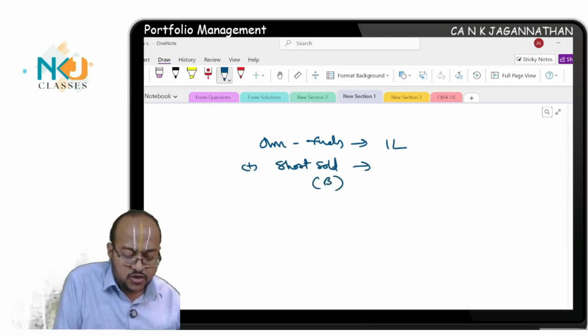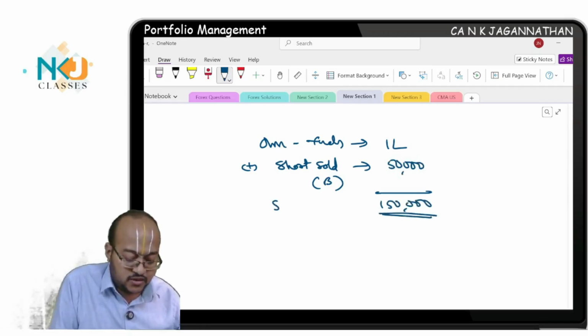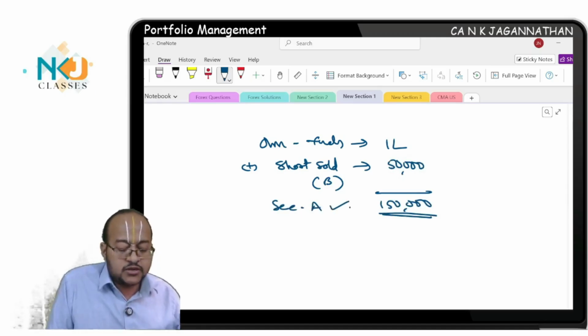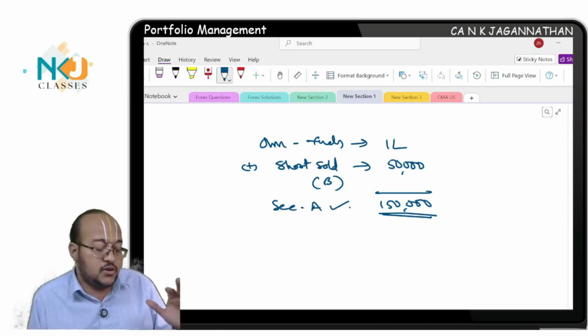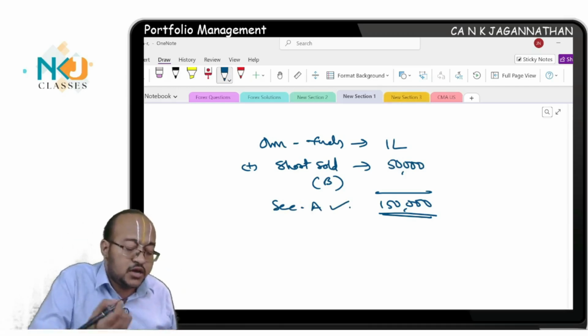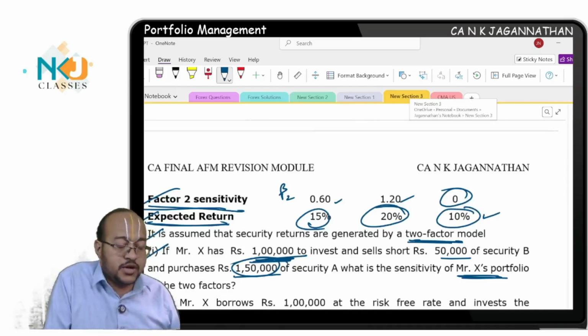Security B, he short sold to the extent of 50,000. Agree? So total how much does he have? 1,50,000. This 1,50,000 he invested in security A. Are you all understanding? So he has only 1 lakh. How can he invest 1,50,000 in security A? You should not ask, because 50,000 he short sold and realized. Are you all understanding? So what is the weight proportion you need to find out?